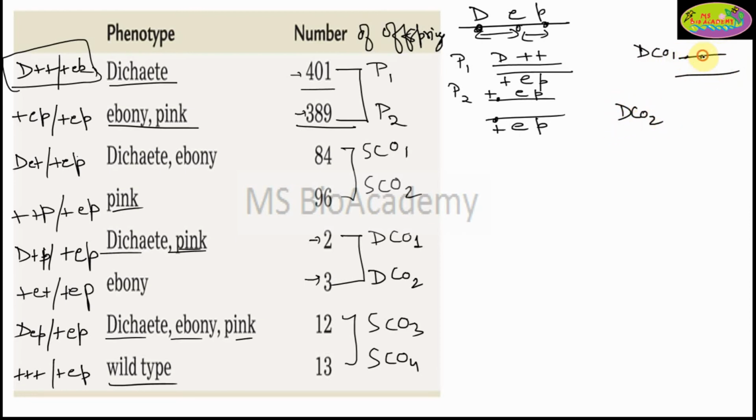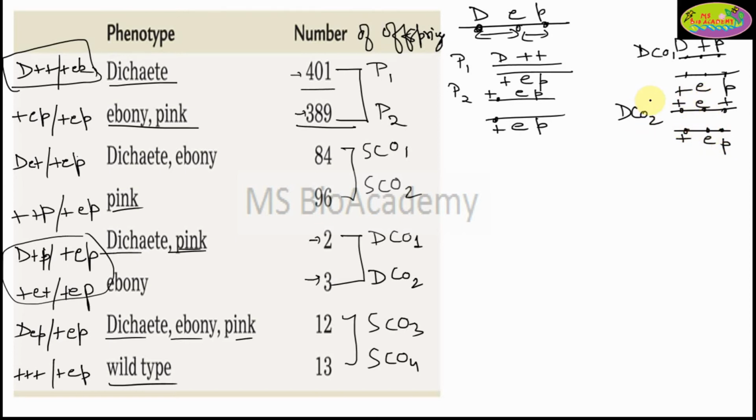Now double crossover 1 will have a genotype, this one. These two are double crossover 1 and 2. So I'm going to take D plus P, and down here it will be plus E P. And in this one, double crossover 2, it will be plus E plus, and this will be plus E P. Correct?